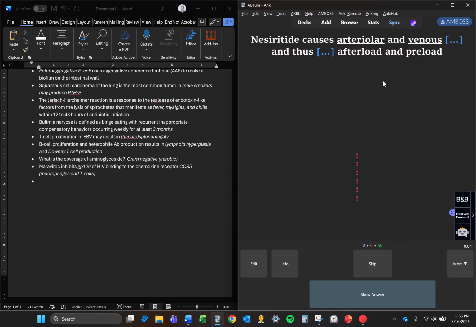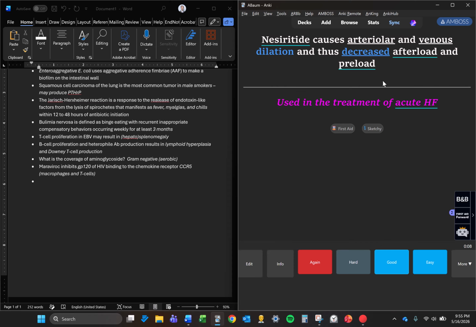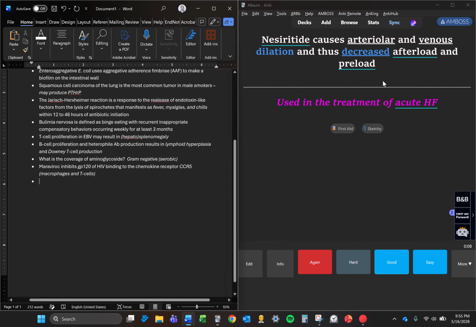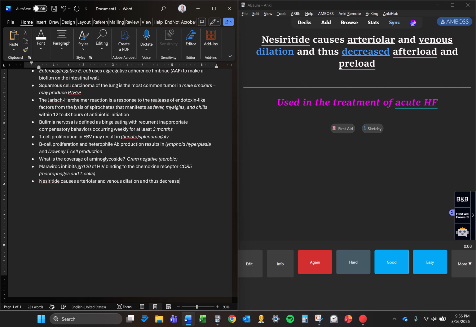So, let's see this one. I have no idea what the answer is for this card, so it's actually a great example. Okay, so Nesiritide. Since I didn't know this card, I'm just going to type out the entire card. Nesiritide causes arteriolar and venous dilation and thus decreased afterload and preload.